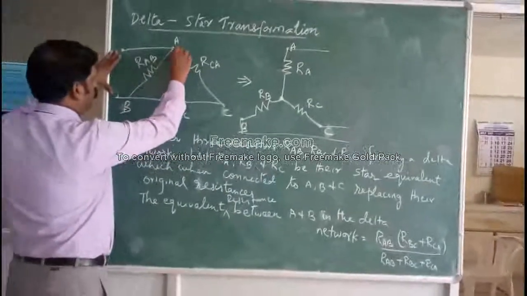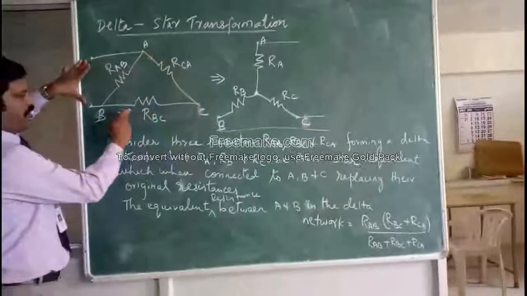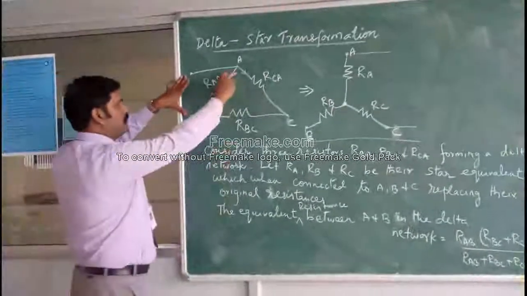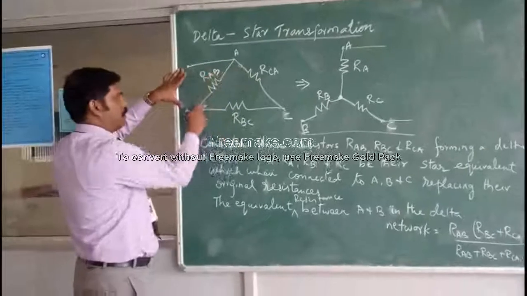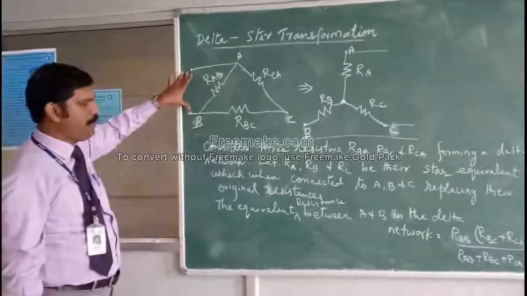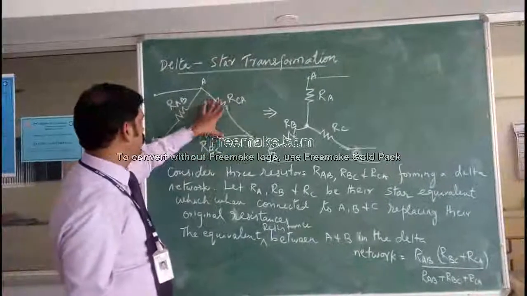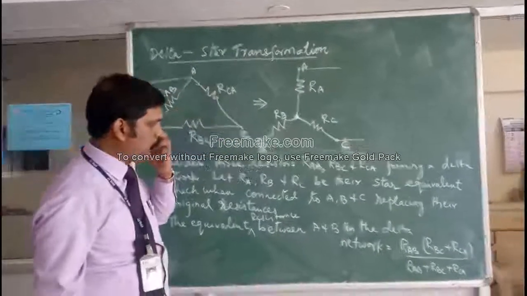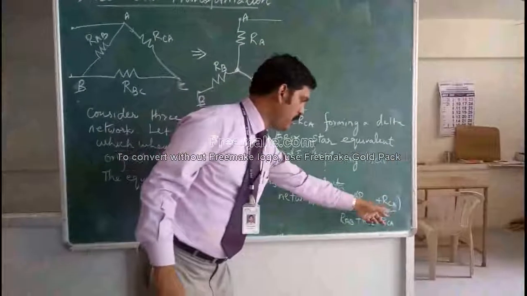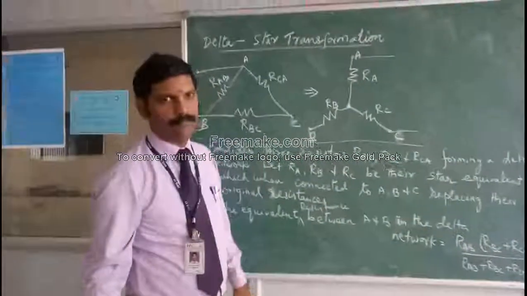If we assume that current flows like this, the same current flows through RCA and RBC. So RCA and RBC are in series, and this series combination is in parallel with the resistance RAB. So the equivalent resistance across terminals A and B is given by the parallel combination: RAB into RBC plus RCA, divided by the total resistance RAB plus RBC plus RCA.